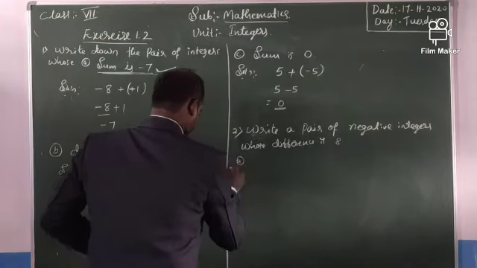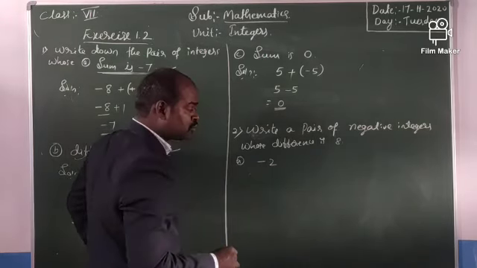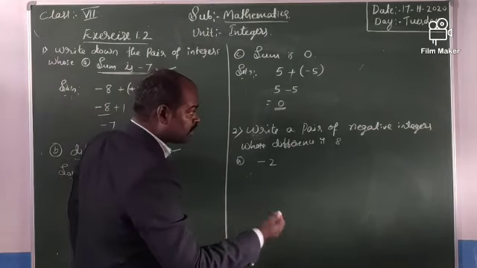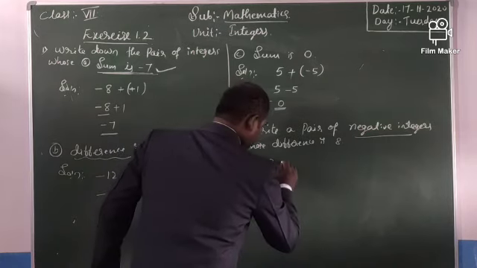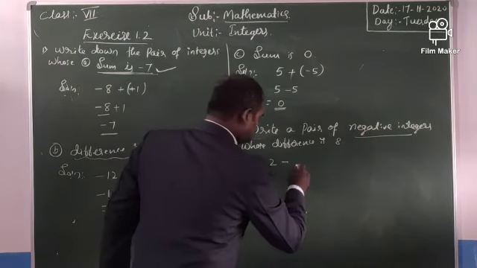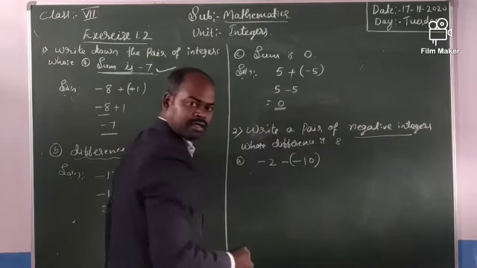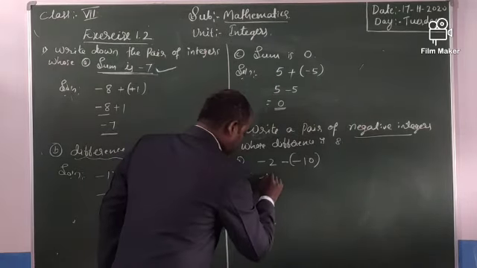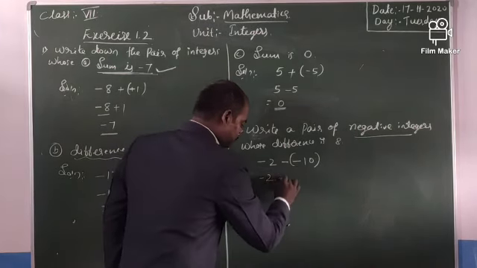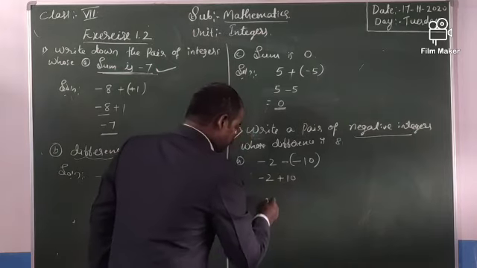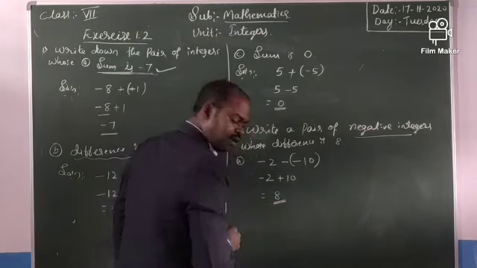See here, minus. Where we have to write -2. We have to take negative integers. -2 is also a negative integer, and subtract. The difference means we have to subtract -10. Okay, got it children? Here see, -2, minus into minus plus 10. If we subtract -2 from -10, we get -8 as the answer.